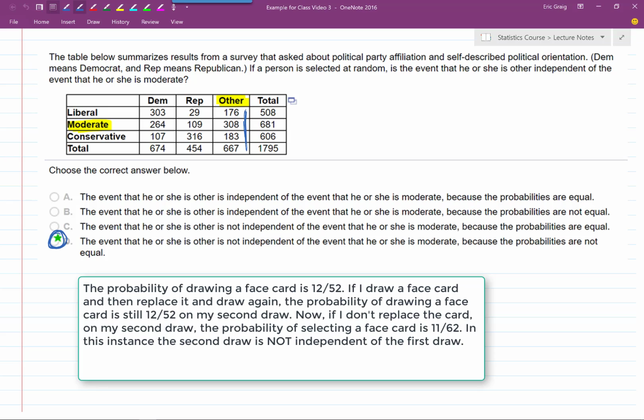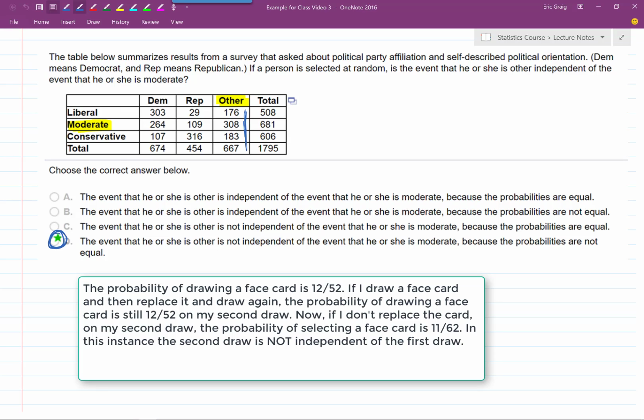If I don't replace the queen, then I do have some ability to predict whether or not the next card is a face card, because I have now one fewer face card. So without replacement, the two events would not be independent.